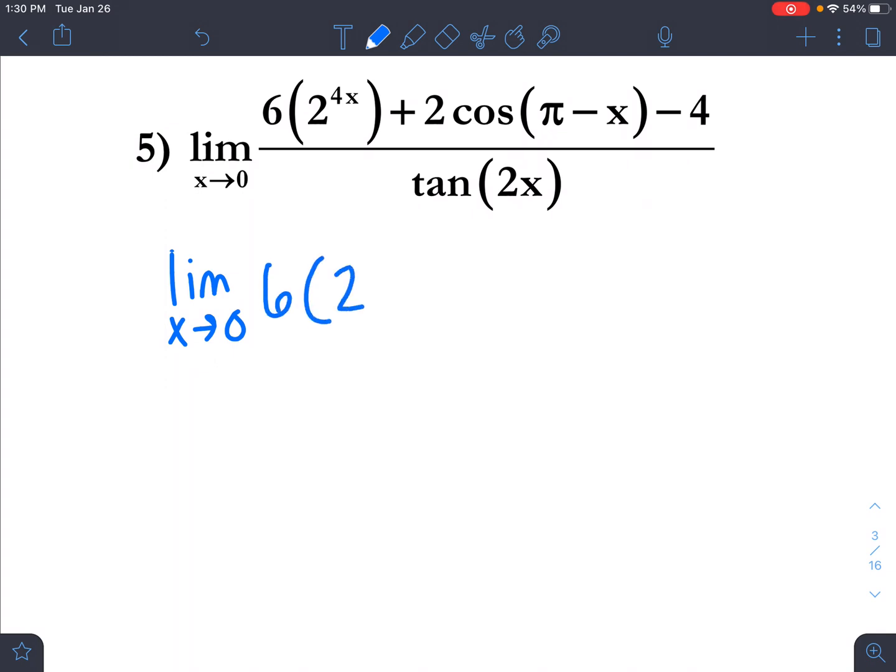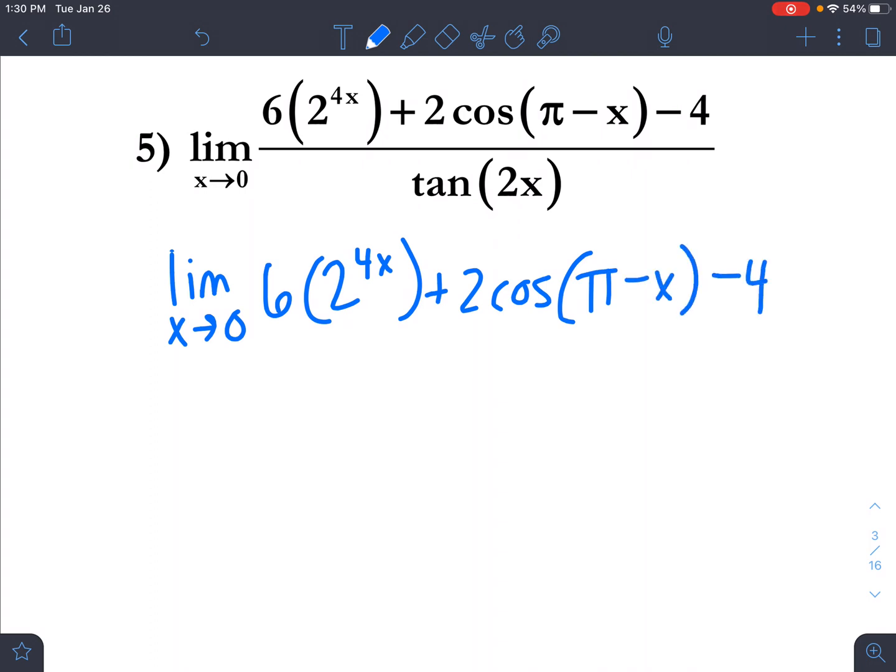So 6 times 2 to the 4 times 0, so 2 to the 0th. This would cancel to be 1, plus 2 times cosine of, oh, I'm sorry, before I plug it in, I really should write just the numerator: 2 cosine of pi minus x minus 4.